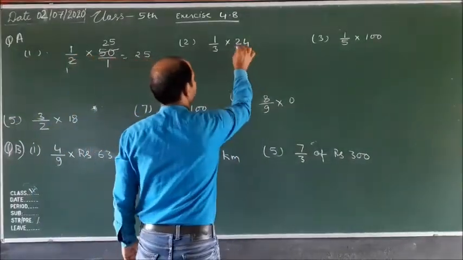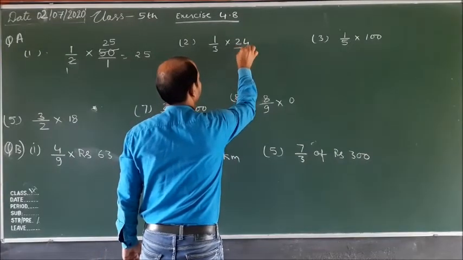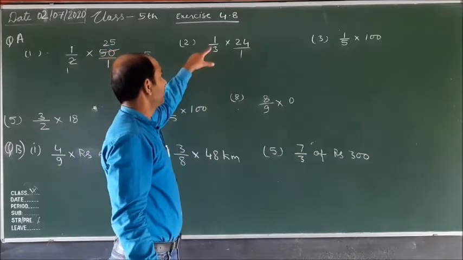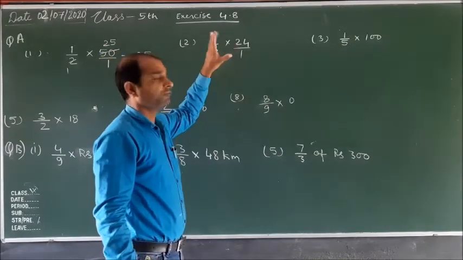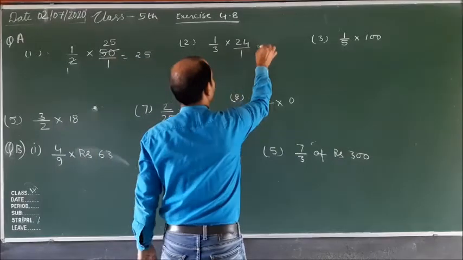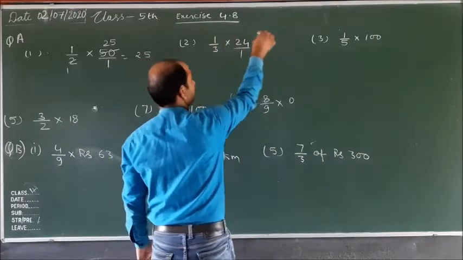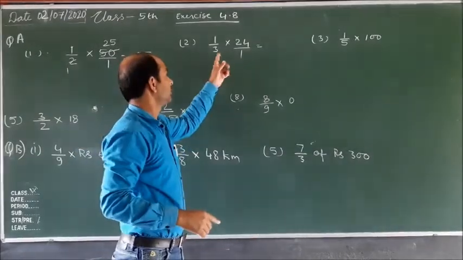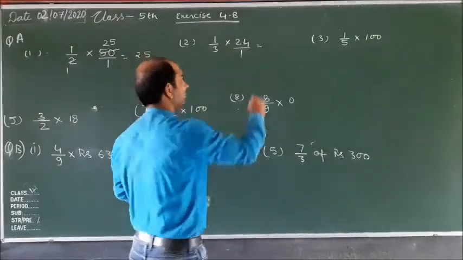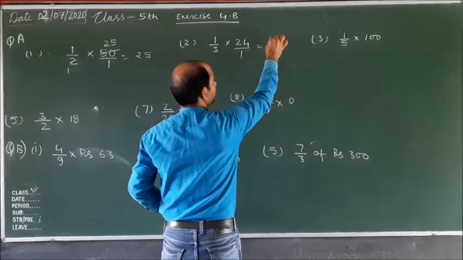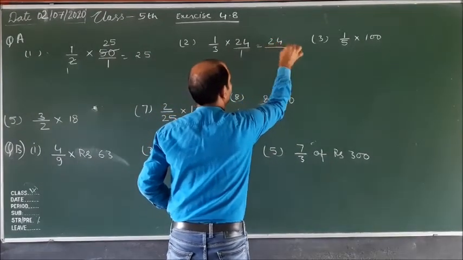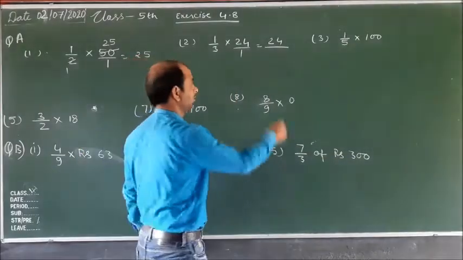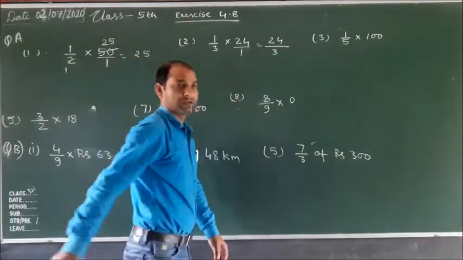Here also you can do this type. First we write 24 upon 1. 1 upon 3 multiply 24 upon 1. So we multiply numerator to numerator and denominator to denominator. 24 multiply by 1 equals 24, and 3 multiply by 1 equals 3.